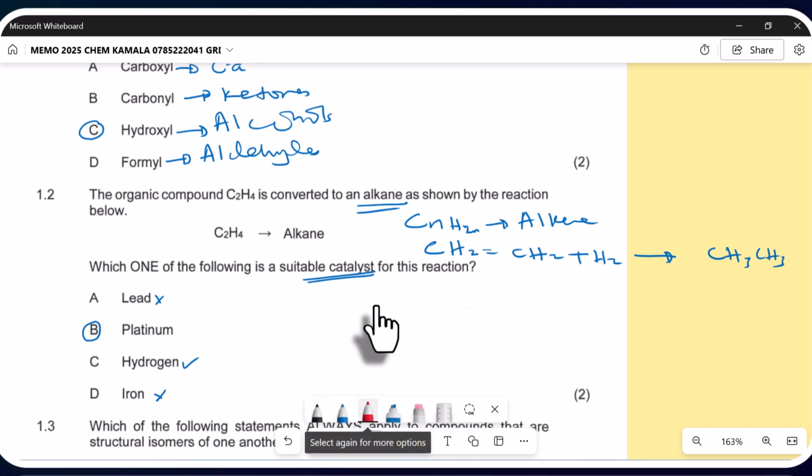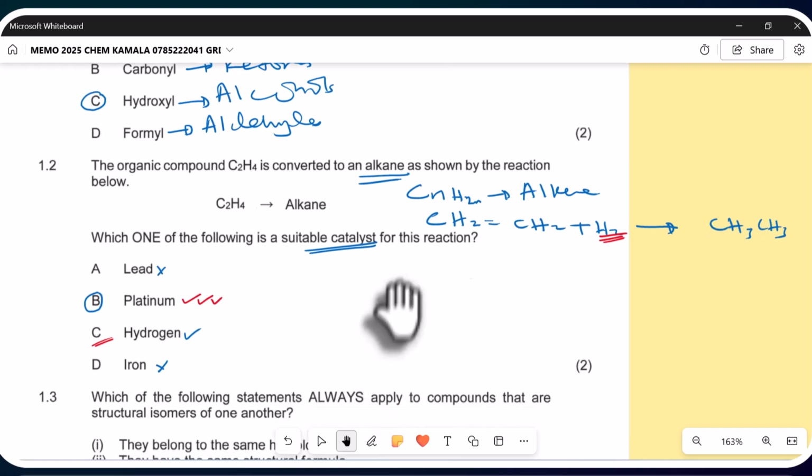So platinum is our catalyst in this case. Hope we are together. This is called an addition reaction, and because we're adding hydrogen, we call it hydrogenation. Let us proceed.